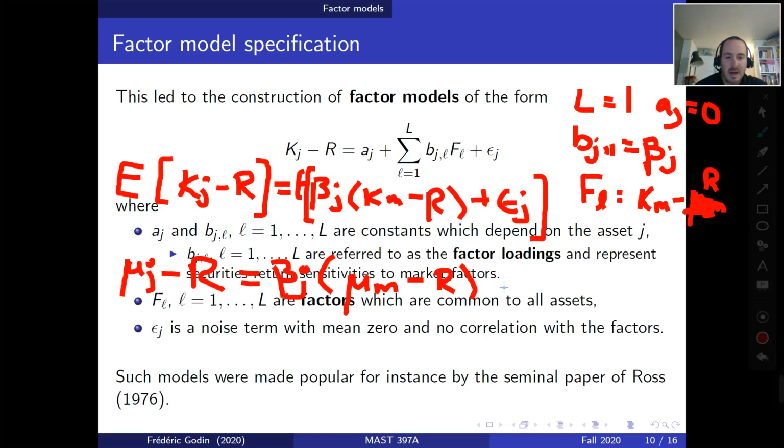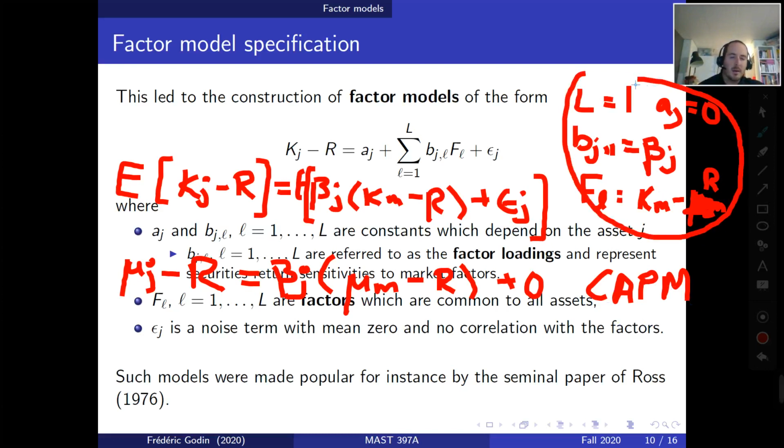So because of that, this is plus 0, and this is exactly the CAPM formula. So we see that the CAPM model is a particular case of factor models when we make these assumptions.